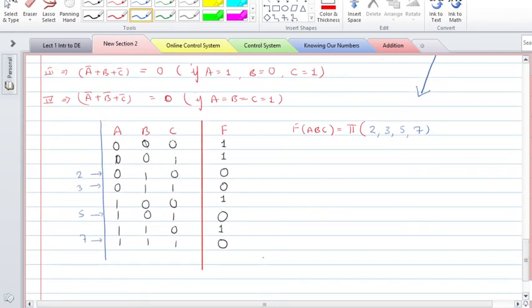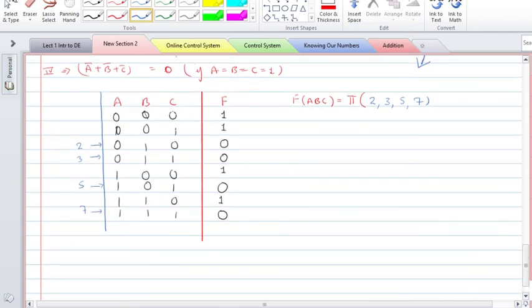Now if we want to represent the same function in terms of SOP form, this is actually your standard POS form, and we want to represent this in your standard SOP form.